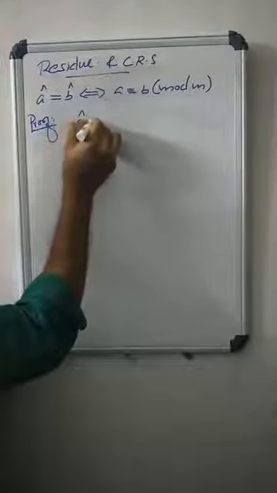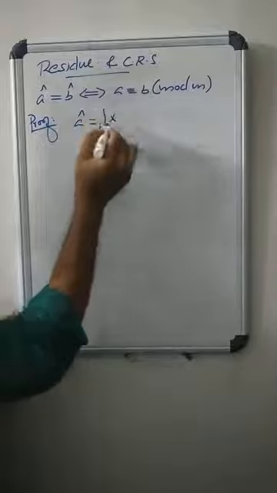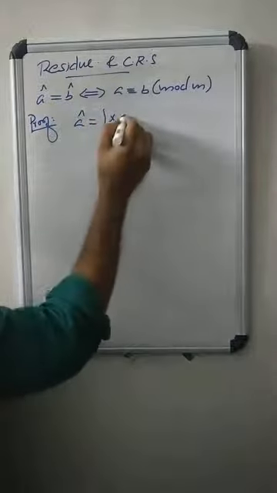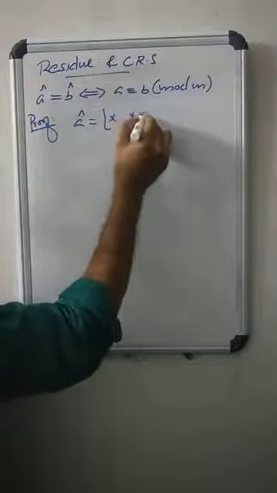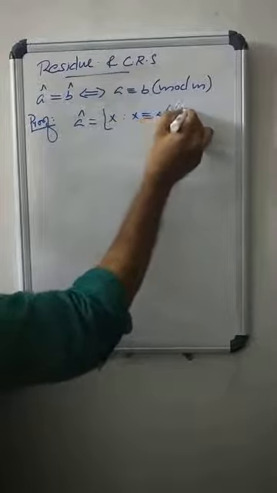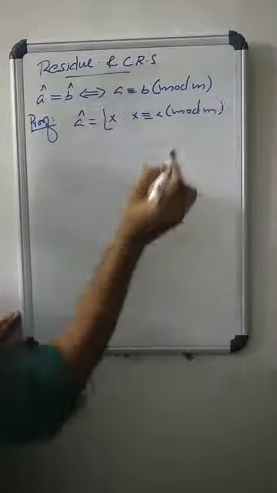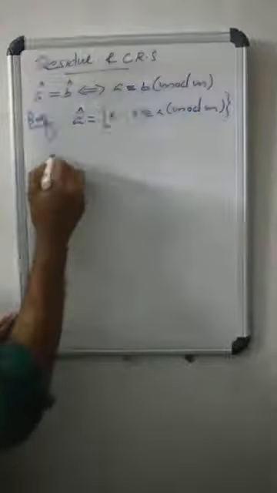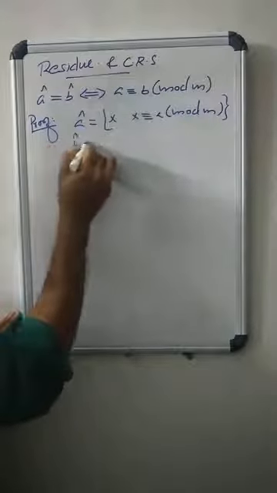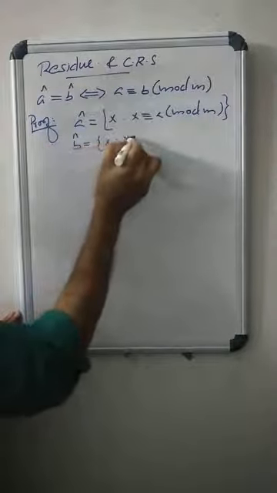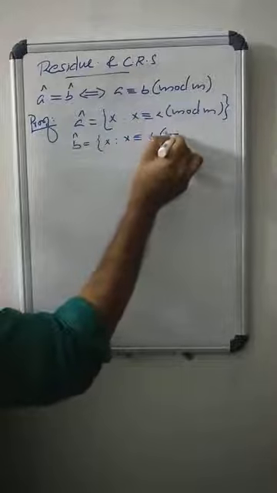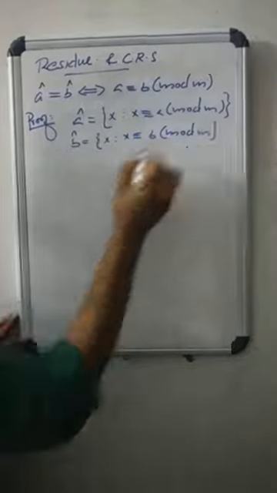What is a cap? According to our definition, a cap is the set of all integers x such that x is congruent to a mod m for a fixed modulus m. Similarly, what is b cap? B cap equals the set of all x such that x is congruent to b mod m.